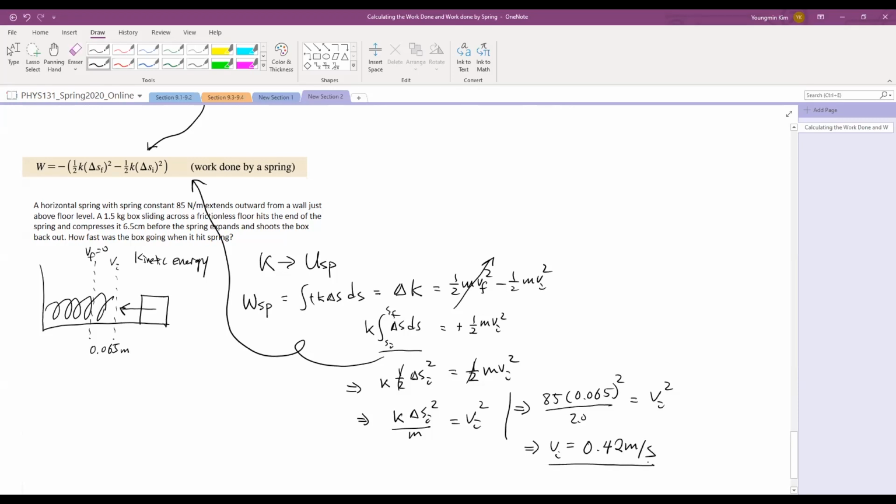Okay, so this is an example where you can utilize the work done by the spring, where the work transferred the kinetic energy into a potential energy form, and the work was that medium, right? So in this case is a good example of spring constant.